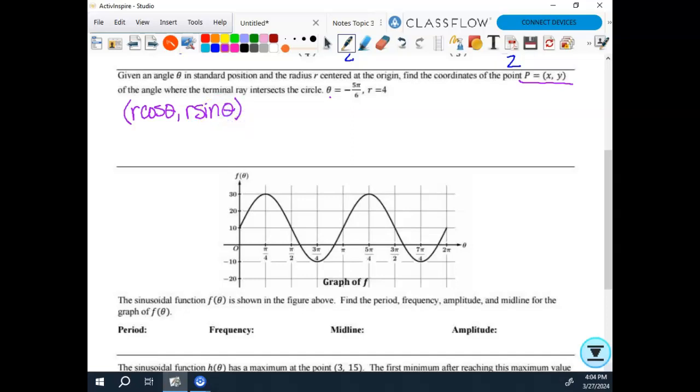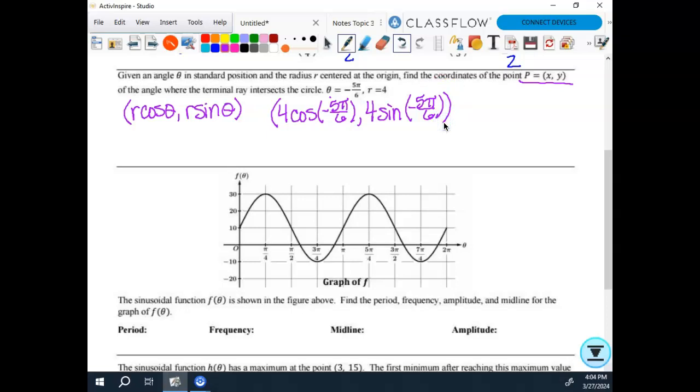So when I substitute this in, I know what r is. R is 4, so 4 times the cosine of negative 5 pi sixths and 4 times the sine of negative 5 pi 6.